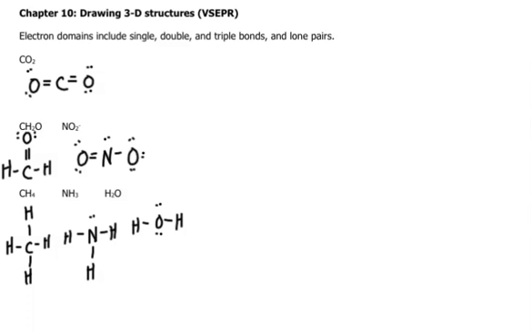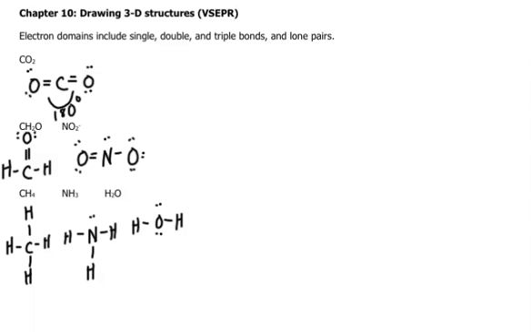Okay? In the Lewis structure here, that is how they are drawn. So this Lewis structure is going to be the same thing as the 3D structure because that bond angle is already written correctly. That bond angle is 180 degrees.